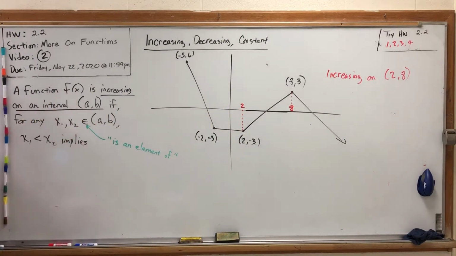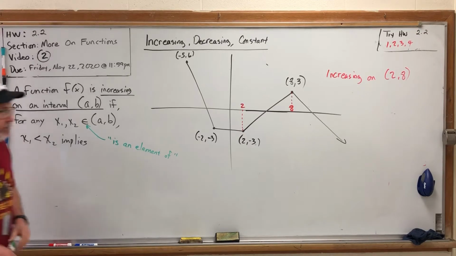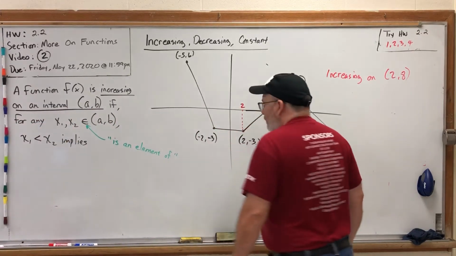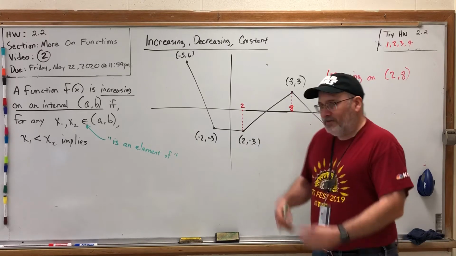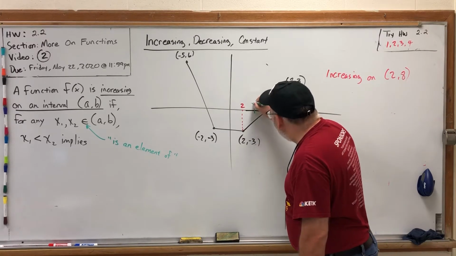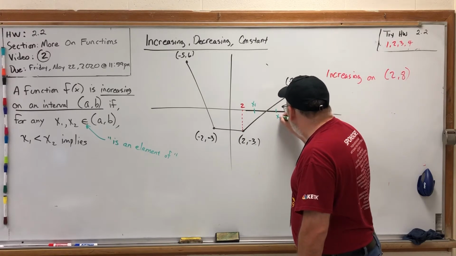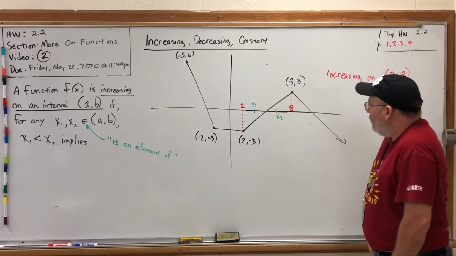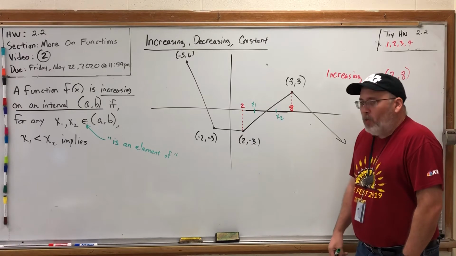So a function is increasing on an interval if for any 2 x values, we'll call them x1 and x2, in that interval, the first one being less than the second one implies something. Now what does that mean visually over here? Well, if we pick 2 x's and the first one is less than the second one, then the first x would have to be to the left of the second x. The word increasing is describing the y values.